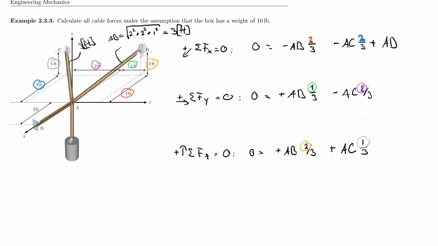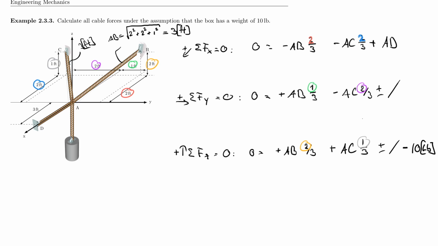So I'm going to use gray here. I'm running almost out of colors. But I also need to include AD, which is non-existent. That is true for the one at the top as well. So plus minus nothing. However, I have to include the container, which was given to us with 10 pounds. And that is, of course, in the negative direction, minus 10 pounds. And now I have completely written out my equilibrium equations that now I can solve.